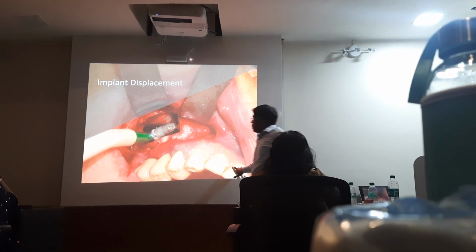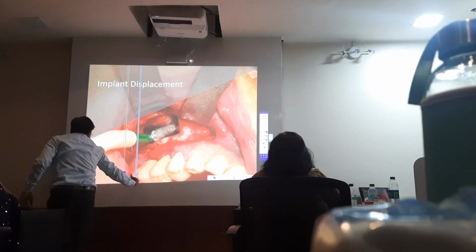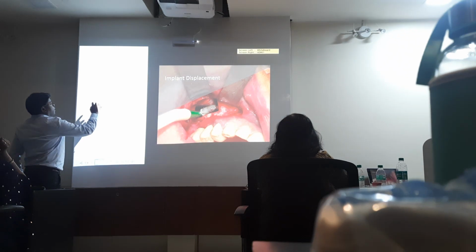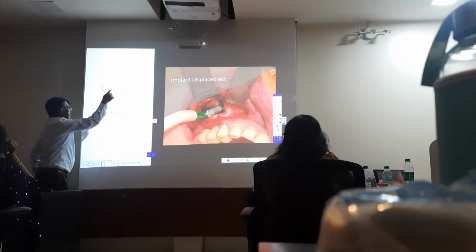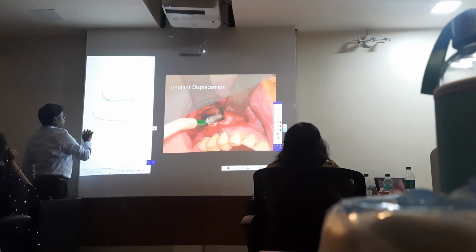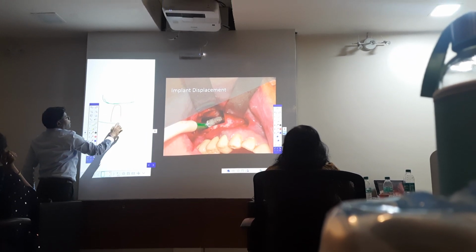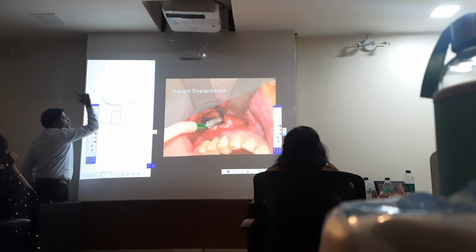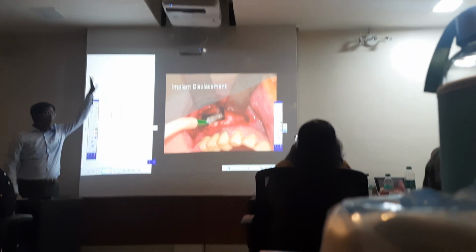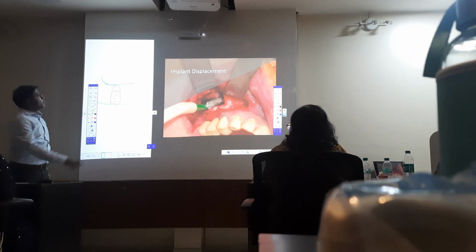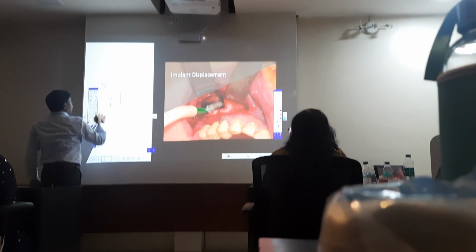You know, right? Normally this is a sinus floor, and you place the implant here. You do anything to this, it won't go. You apply pressure, it won't go inside the sinus. But suppose it was an indirect sinus lift, what happens?